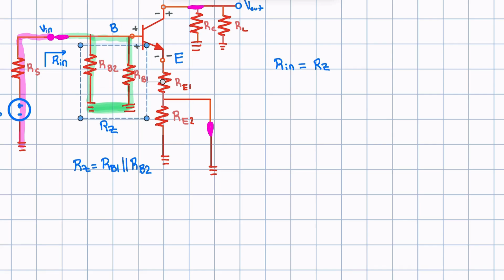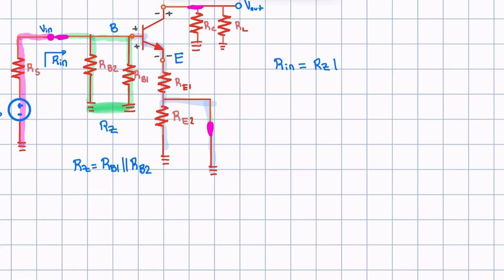The second thing we need to realize is that this RZ is going to be in parallel to the entire circuit after that point. It's going to be in parallel to this entire part. So RZ over here to the right is in parallel with this half of the circuit.